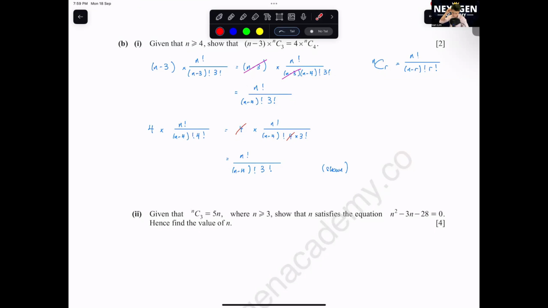You can solve this one? Let me see. How do you solve it? Here you expand, it will become n times (n minus 1) times (n minus 2) times (n minus 3). You solve one side at a time. Okay, never mind.